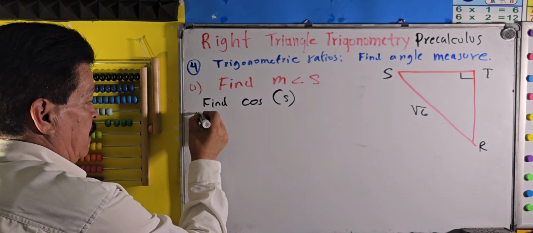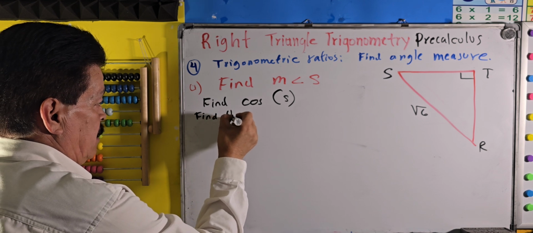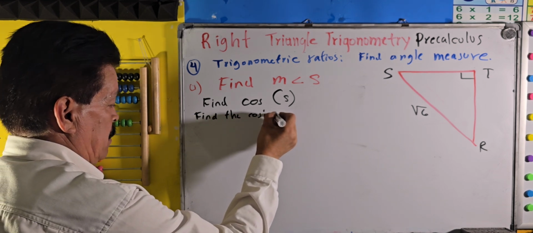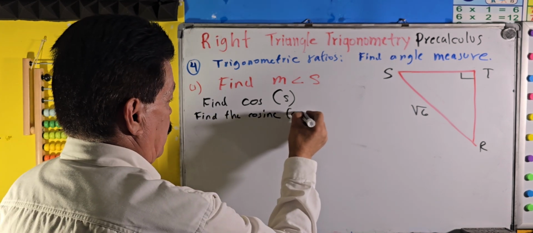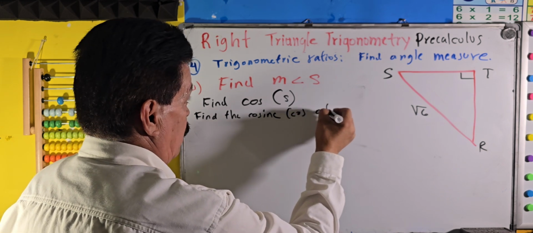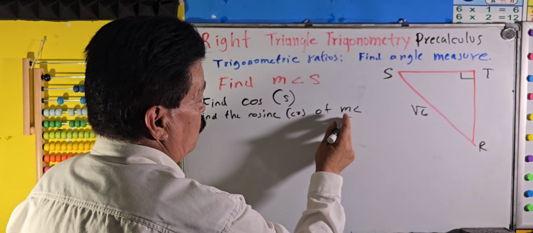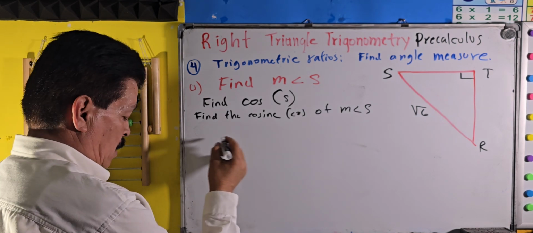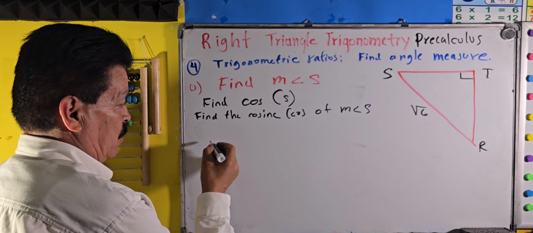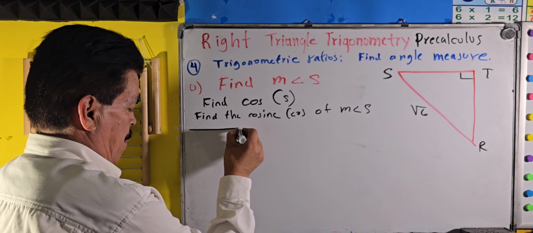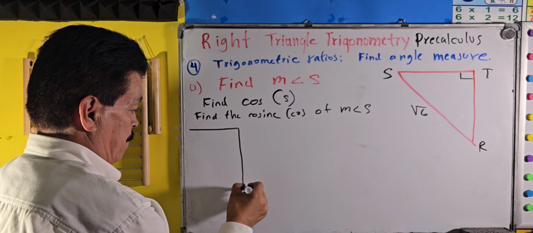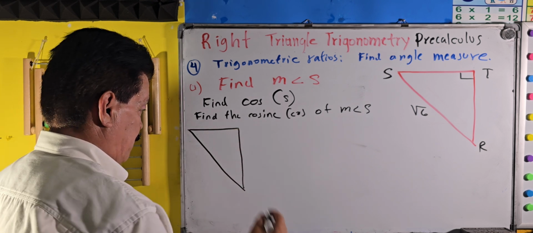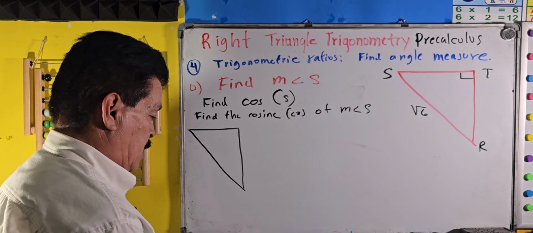So find the cosine of measuring angle S. So we have our triangle right here. I will make the picture right here. This is my right triangle.